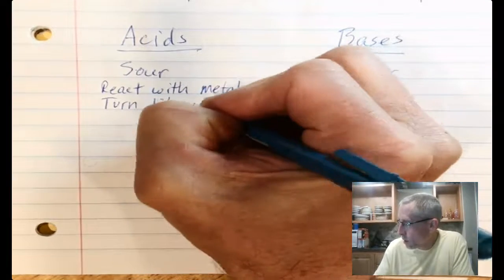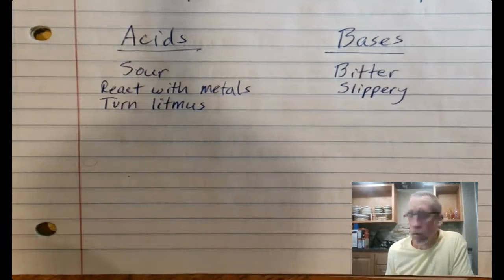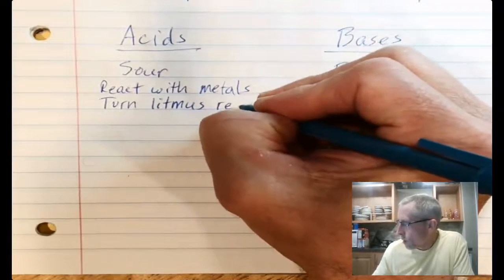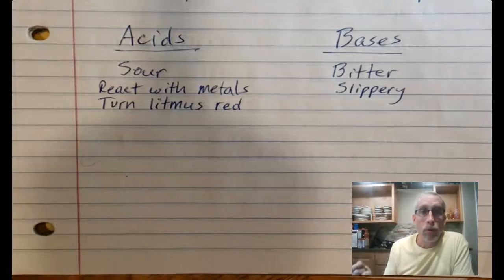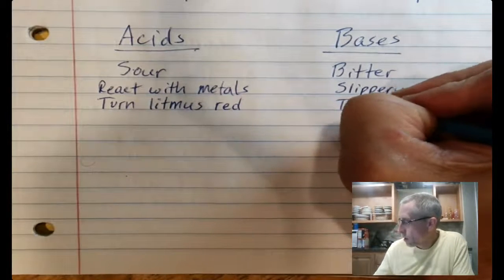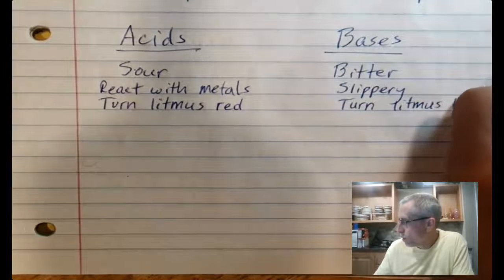Maybe you've heard the phrase a litmus test. That's what this is related to. If you dip a piece of this special paper in an acid, it will turn the paper red, whereas with a base, it will turn litmus paper blue.